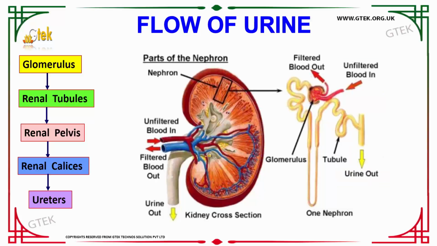So this is your urine out over here. And the filtered blood is sent out through your vein. So first, your waste materials enter the glomerulus, followed by the renal tubules and the renal pelvis, and then they enter the renal calyces, which further enter your ureters, which is sent as urine outside.